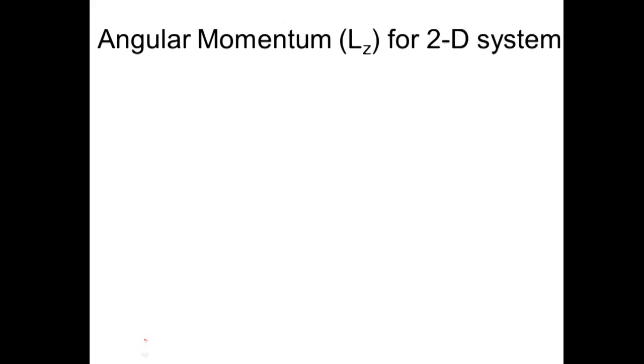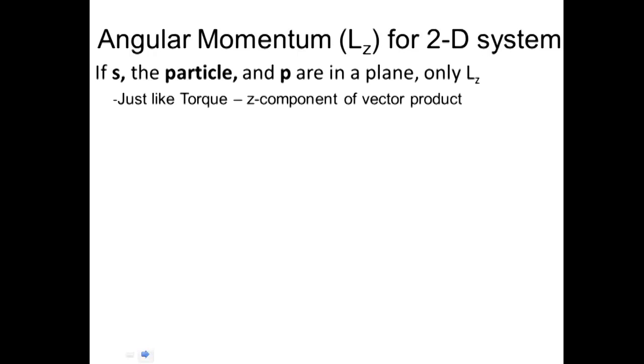Now usually angular momentum is dealt with for 2-dimensional systems in introductory mechanics. That is, the momentum and the point S that you are talking about and the particle all lie in a common plane, in which case you're really finding the z component of the angular momentum.